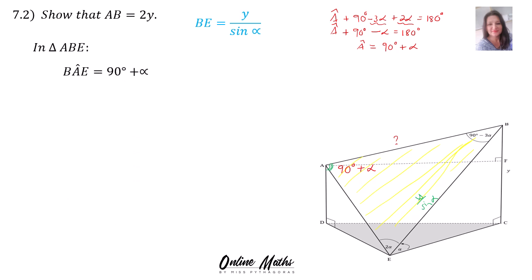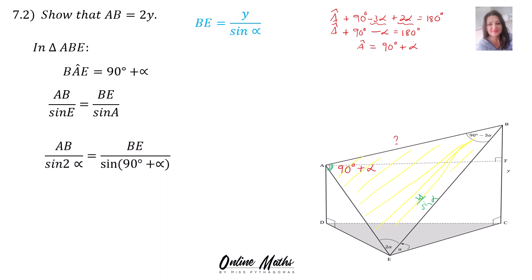In triangle ABE, we know that angle BAE is 90 plus alpha. Now we can use the sine rule. So we can say that AB over sin E is equal to BE over sin A. Then, okay, angle E, are you with me?